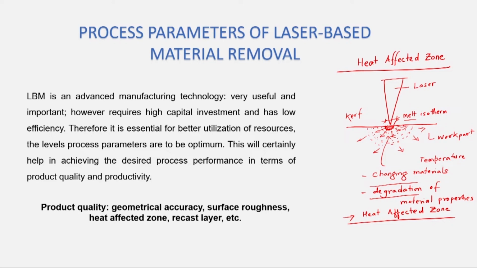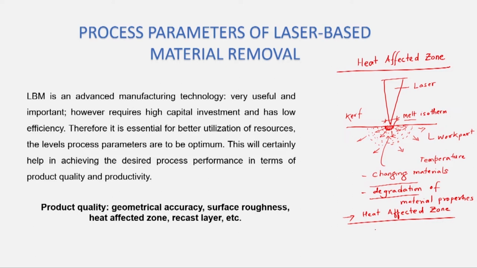The thermal stresses generated in the heat affected zone must be carefully understood, and the process parameters should be tuned in such a way that these thermal stresses are under control, and that control is through reduction in the heat affected zone.